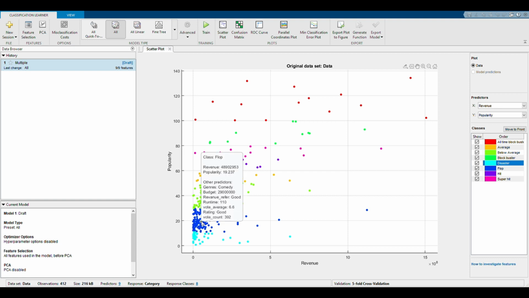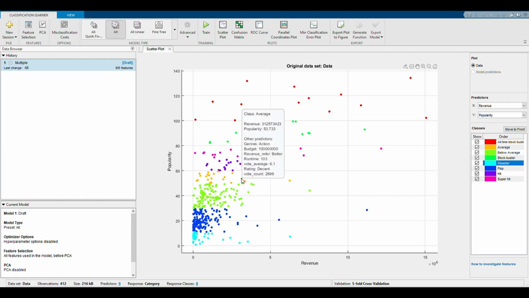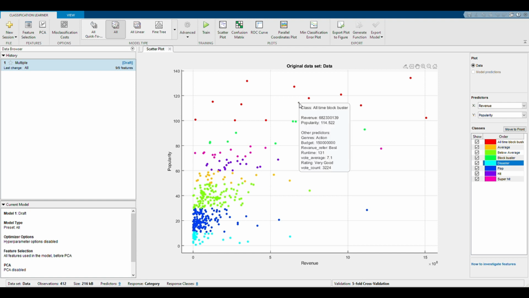Then after that is flop, then it becomes more popular: interesting, average, then hit, super hit, blockbuster, and the most popular one is all-time blockbuster.